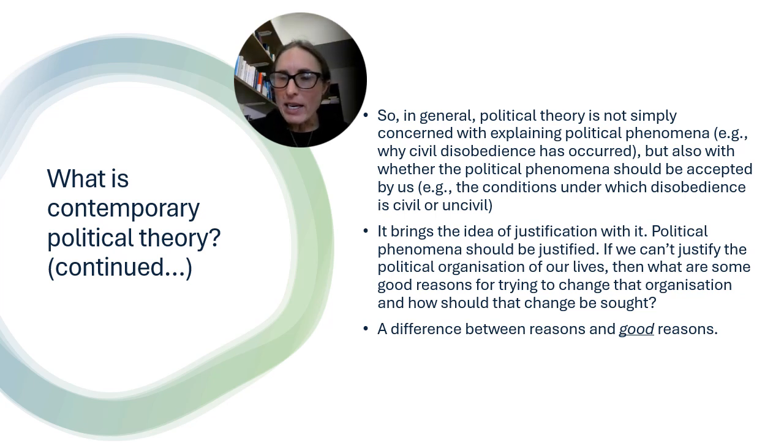Political theory brings the idea of justification with it. Political phenomena should be justified. If we can't justify the political organisation of our lives, then what are some good reasons for trying to change that organisation, and how should that change be sought? This is a difference between reasons and good reasons, because not all reasons are good reasons.